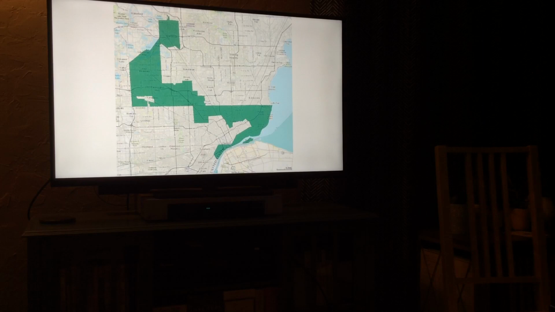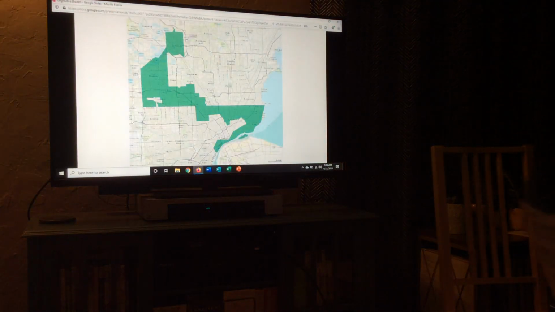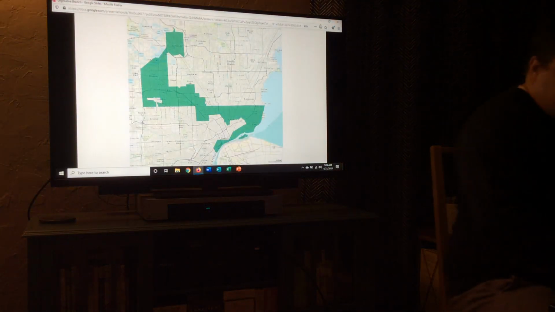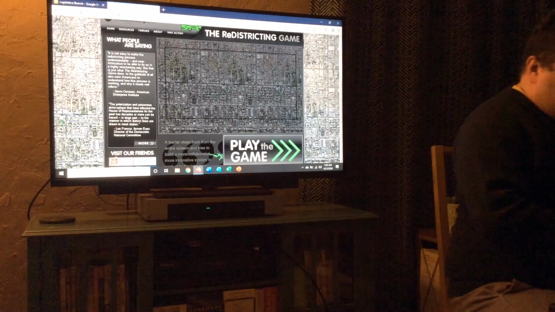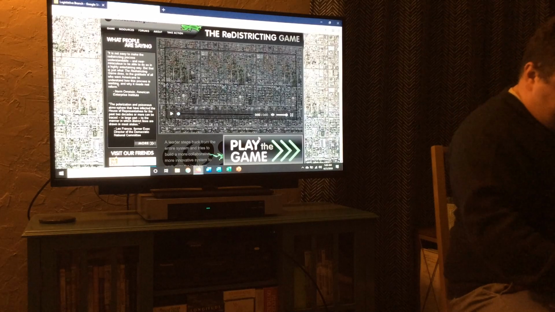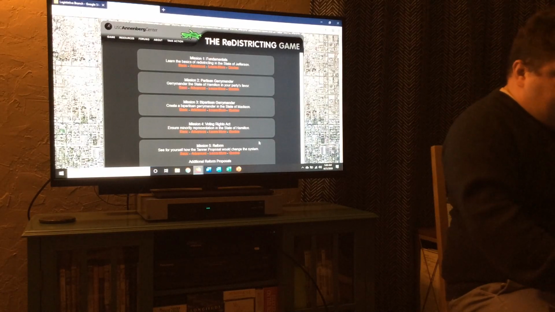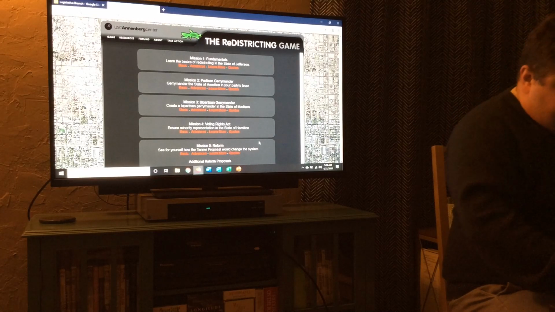Your homework is actually going to be to do this, because guess what? There's a game. What I'm going to show you here is this thing called the redistricting game. I'll send you guys the link to this, and what you've got to do is take a picture to send to me showing that you've completed it.